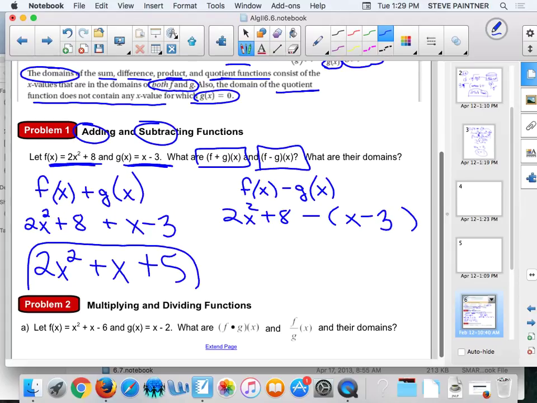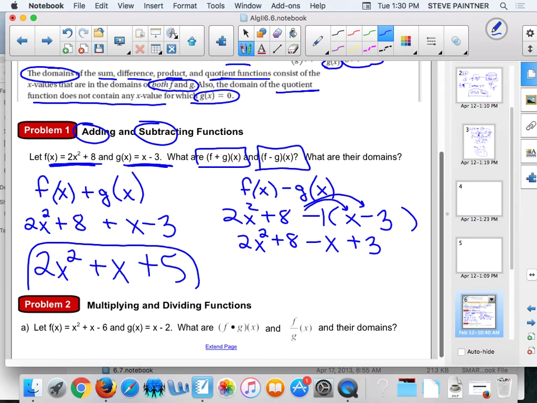Now how would you treat that minus sign in front of the parentheses? Negative 1 times that. Or just distribute it through. So it's 2x squared plus 8, negative 1x, plus 3.